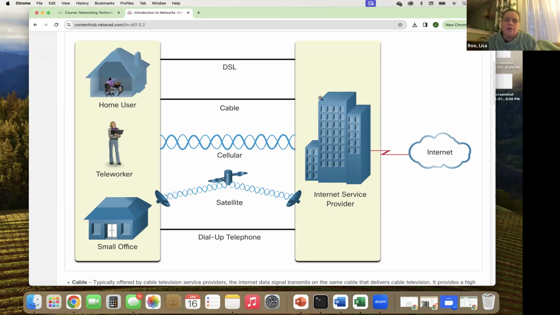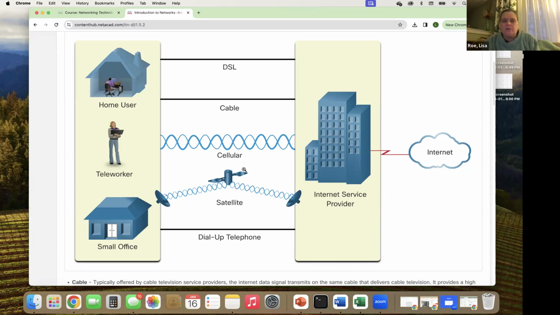Today, we have something called converged services, where a single company can offer all kinds of different kinds of connections. But it used to be a single kind for the phone and a single kind for the cable. And now phone companies and cable companies offer you both of those things. Then we have cellular data, so you're going to do that through your cellular provider. And then we have satellite services.